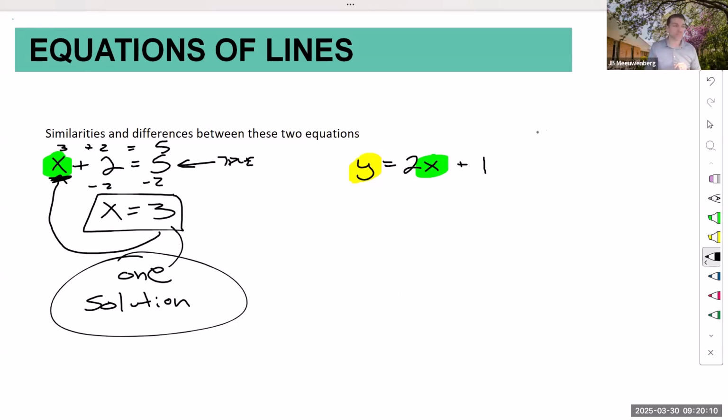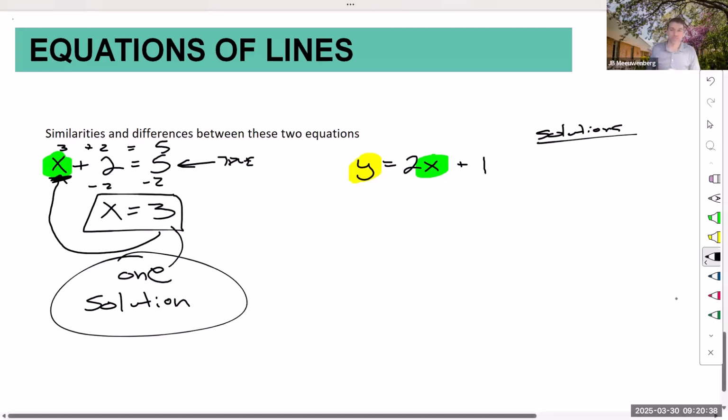Now we come over to this equation, and my question to you is, let's talk about solutions. What's the solution to this equation? Consider what it means to be a solution. A solution is something that makes it true. Well, this might require us to think about this a little differently.